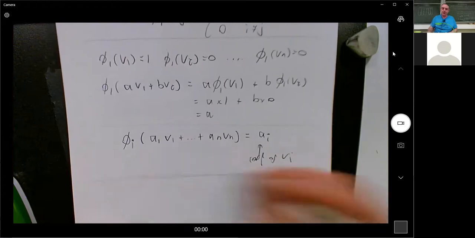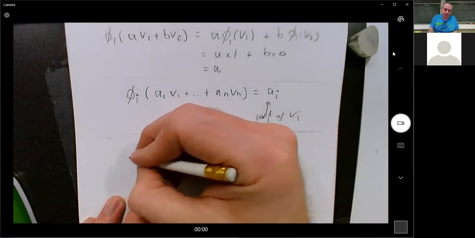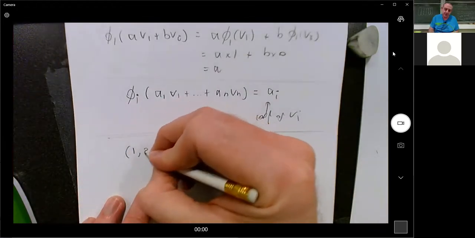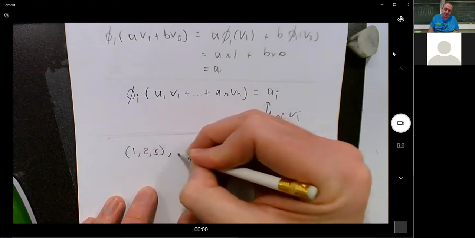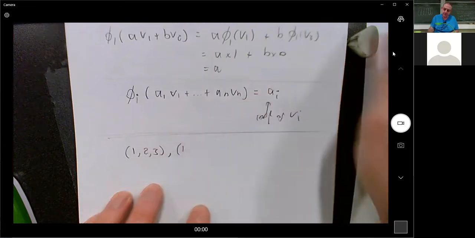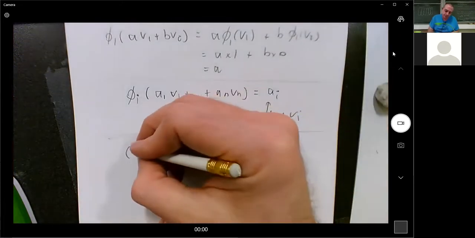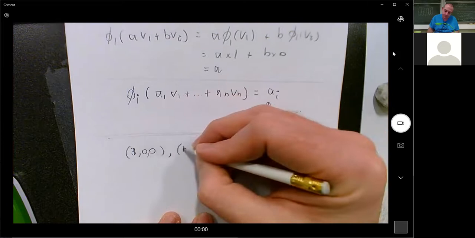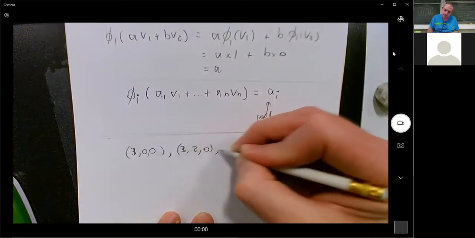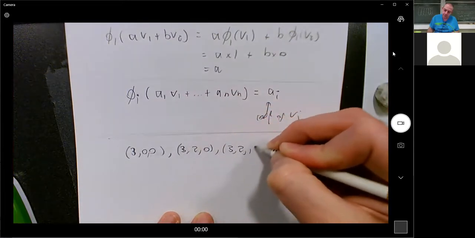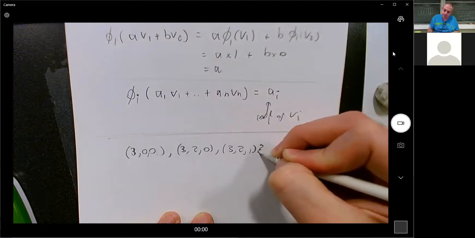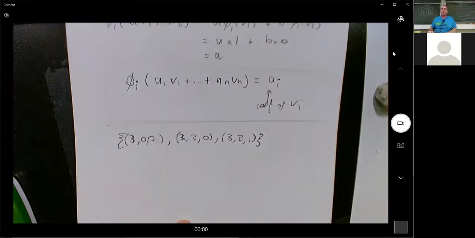So I want to do this properly. So here is a basis. That is a perfectly good basis for R3.